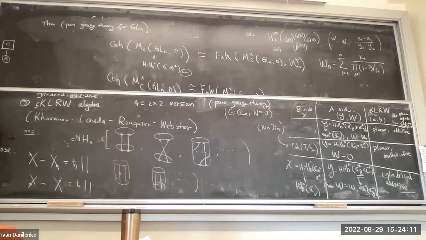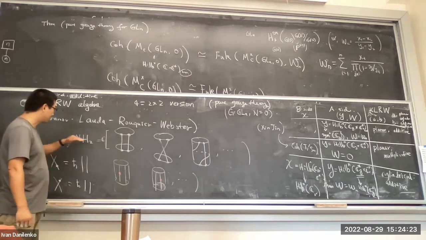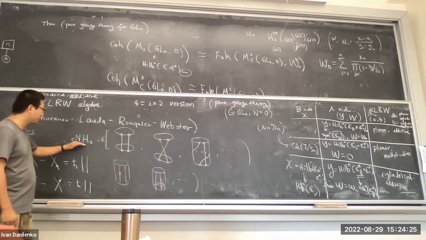And if you have more strands, you can have these kinds of rules. Okay. So that's what the cylindrical Nil-Hecke algebra for 2 is about.